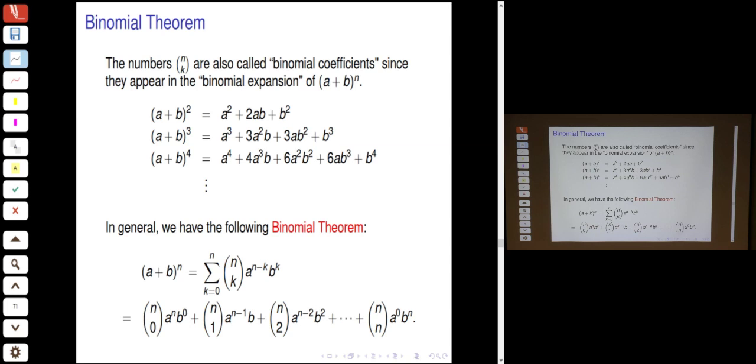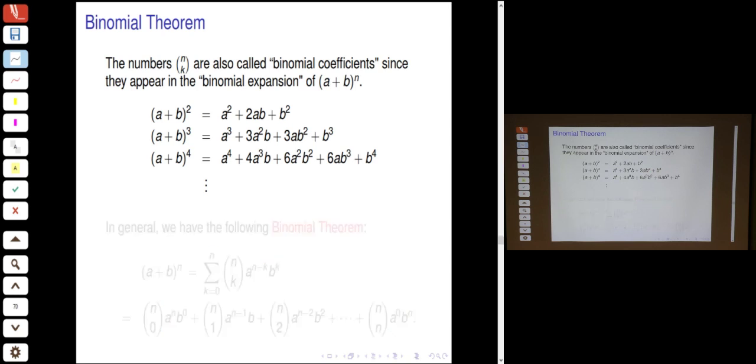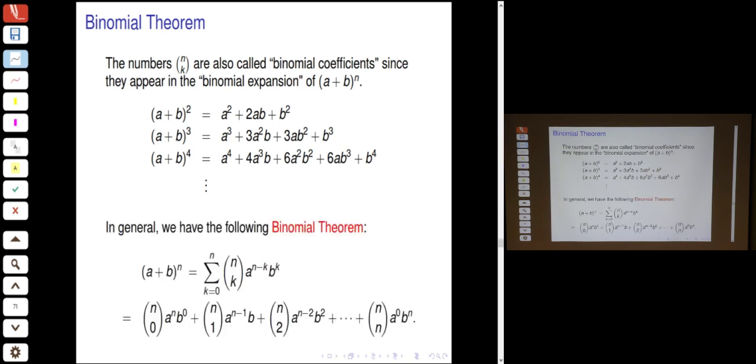You start from the highest power, which is 3, and then you drop a by 1, you get square, and b increases by 1. Then you drop a by 1, increase b by 1. So you have all these, right? So in this expression, the total sum of the powers is always n. So this is n plus 0. This is n minus 1 plus 1, which is also n.